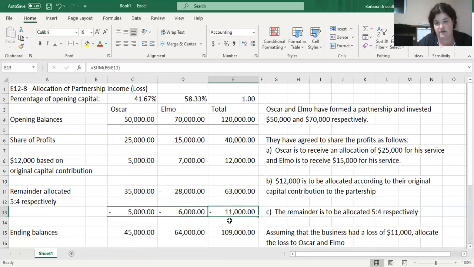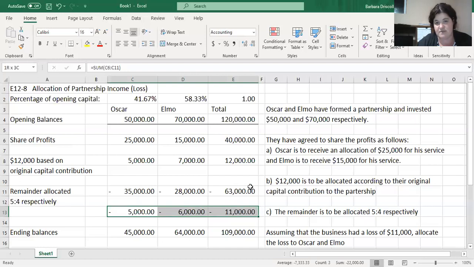His share of the $11,000 loss is $6,000. So his ending capital is the $70,000 less the 6 to give us $64,000. Overall, we started with $120,000 of capital. We had an $11,000 loss, remembering that losses decrease capital, income increases capital. 120,000 less 11 gives us 109.